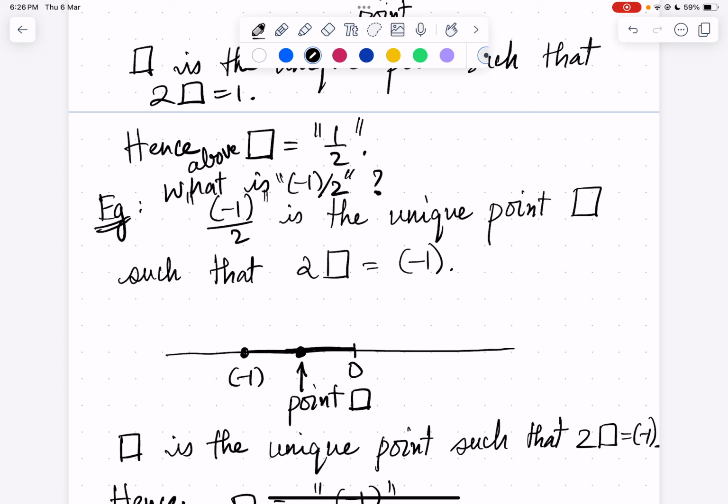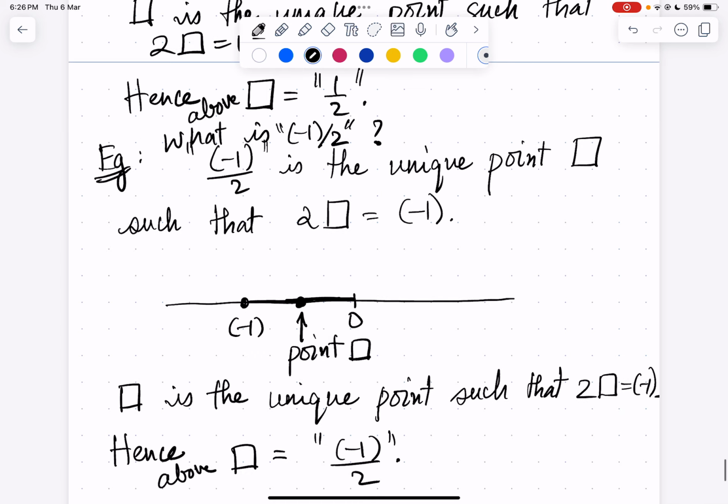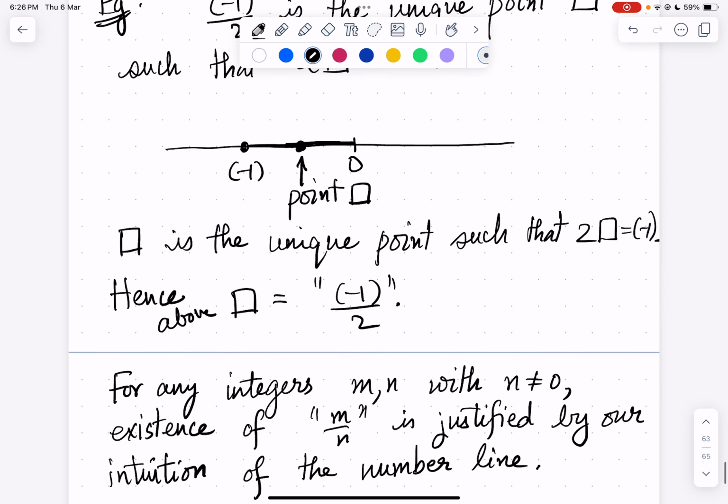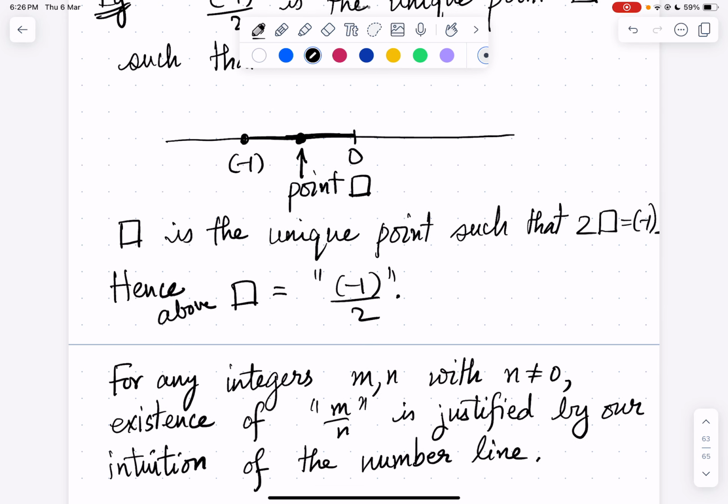By definition, minus 1 by 2 is the unique point box such that 2 times box is minus 1. And on the number line, we see that this point which we draw here, the midpoint of 0 and -1, is the unique point such that 2 times box is -1. It is the only point such that twice of that is -1. Hence above box is -1/2.